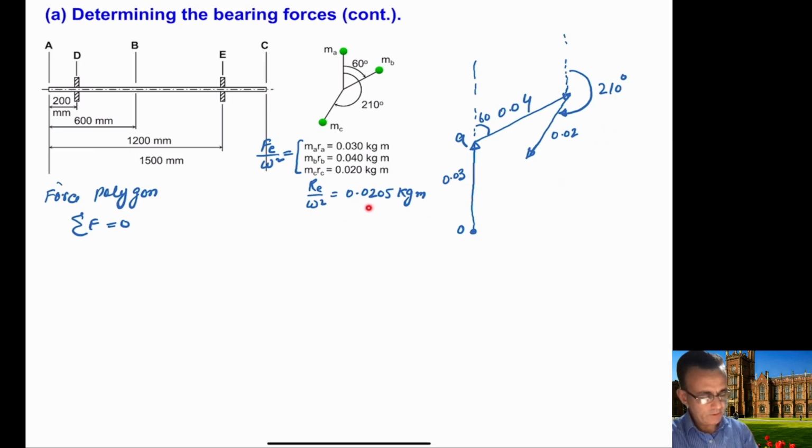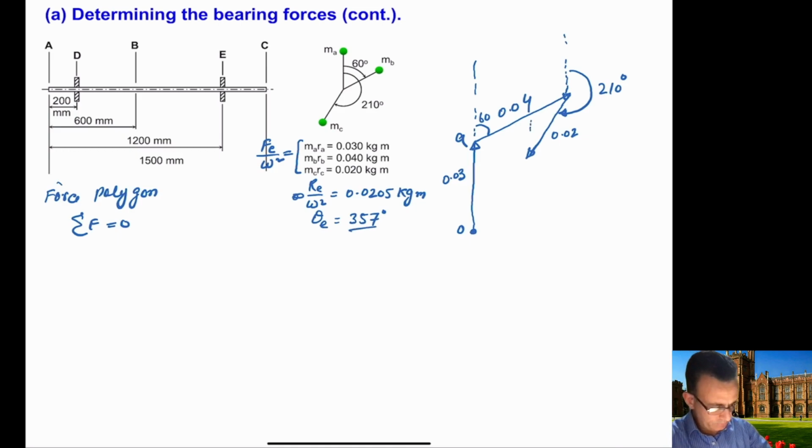Okay, but now we also have this force, which is RE omega square, which was the reaction at bearing E. In other words, if you attach a balancing mass at location E, it will be MERE. And for this, you're also given the angle, theta E, which was 357 degrees, and obviously this was the angle with the vertical.